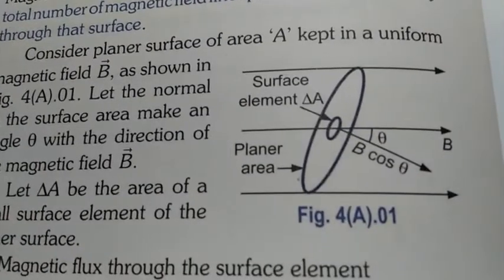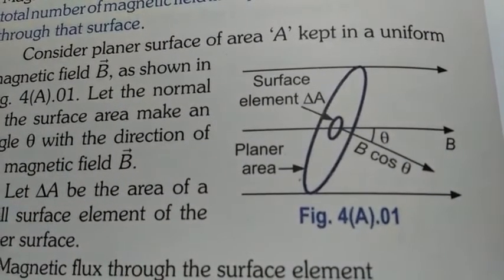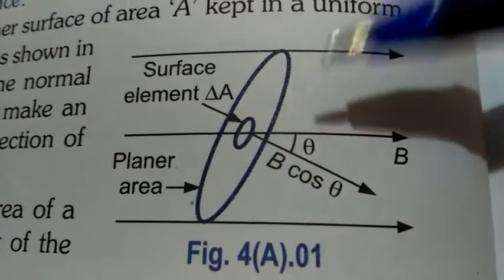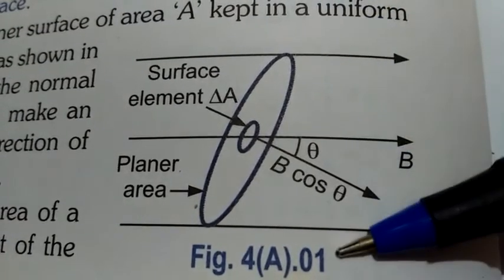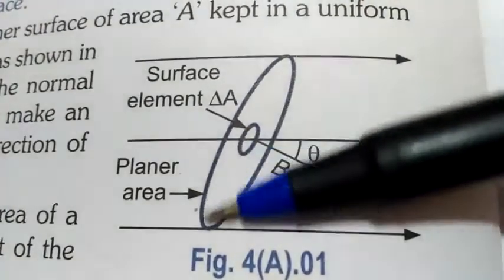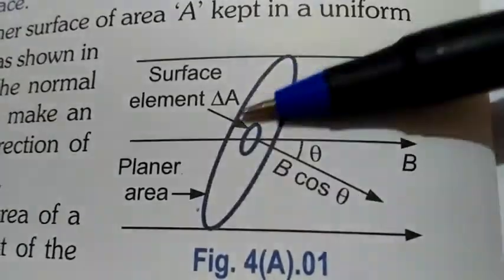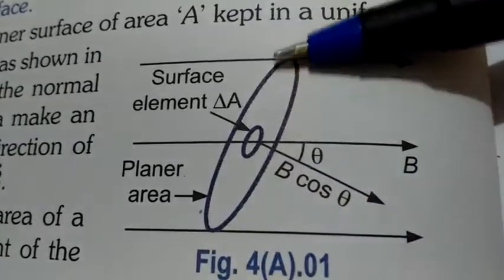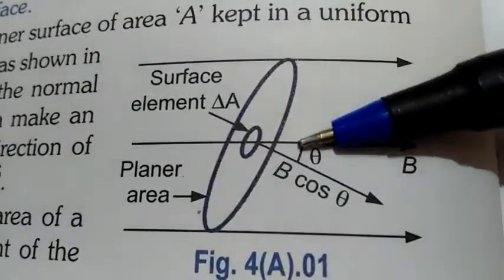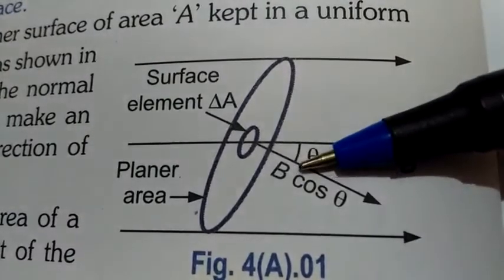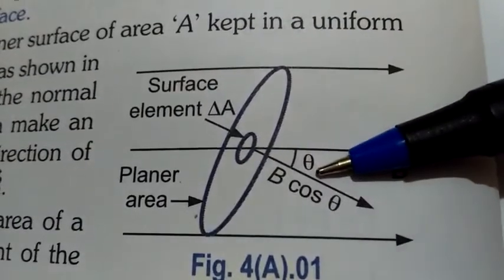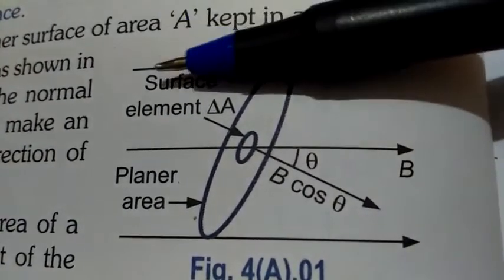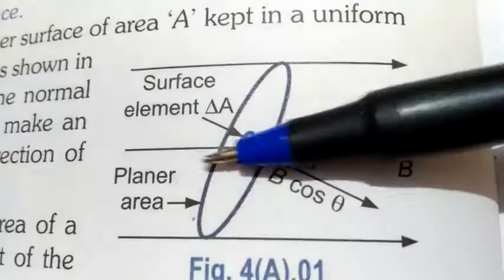So here you can see these are the magnetic field lines, and this is the surface. The plane of the surface is making an angle with the magnetic field lines. That angle is theta. Here this is the direction of the magnetic field.